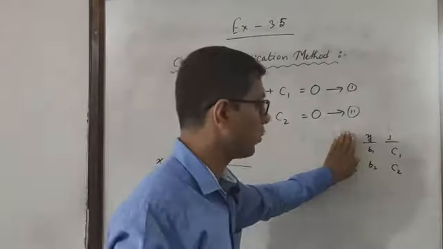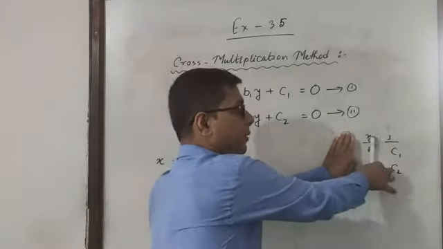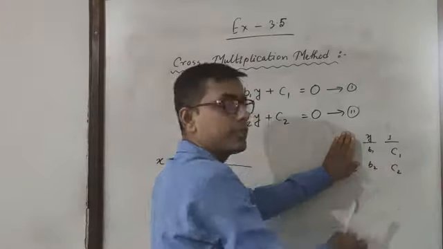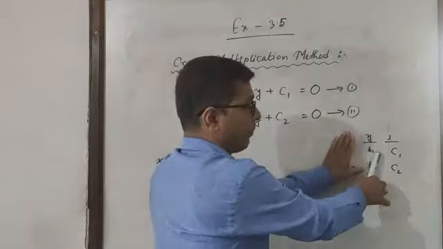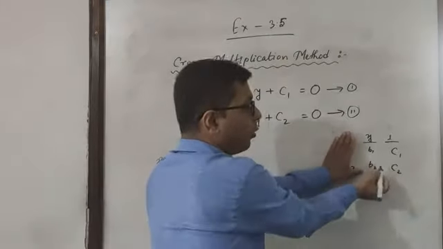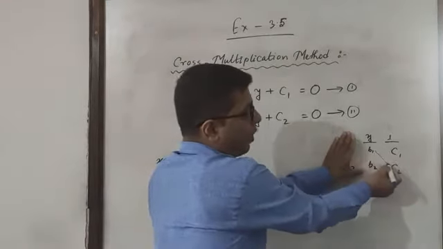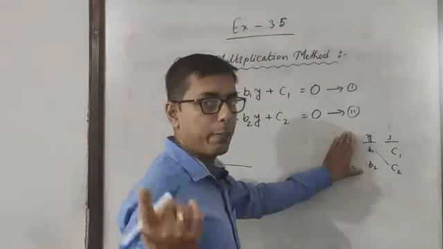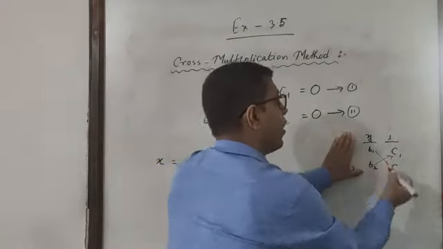After that, whatever remains, that means the coefficients of y and the constant terms, you need to multiply these two parts crosswise. How will you multiply? b1c2 minus b2c1.